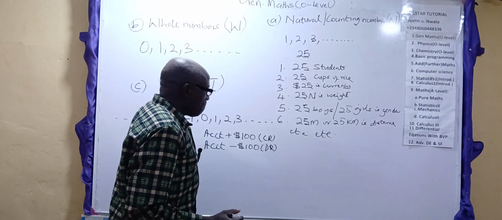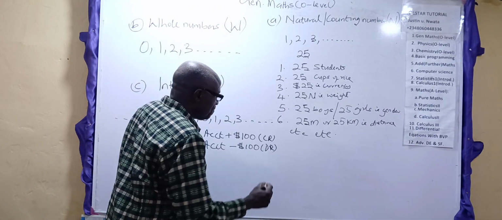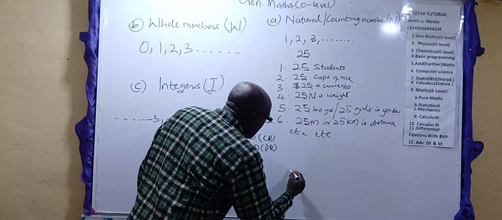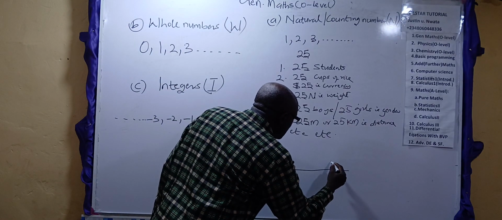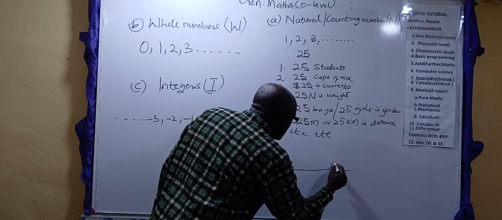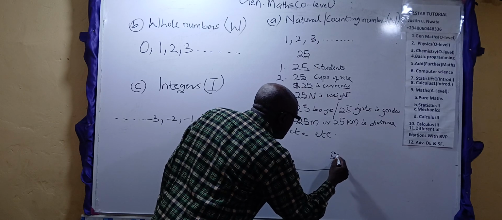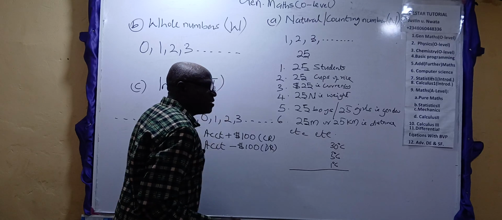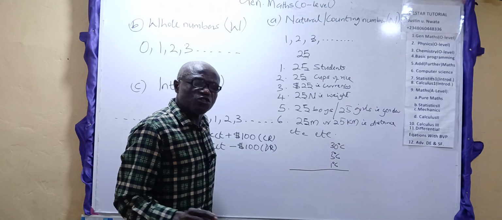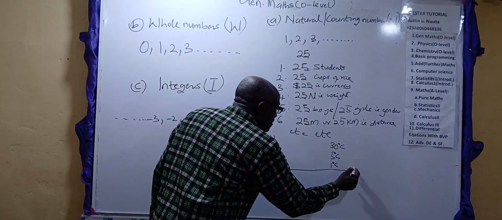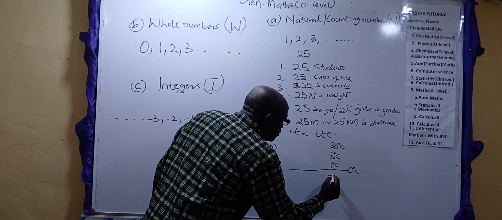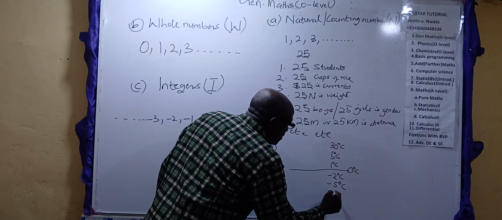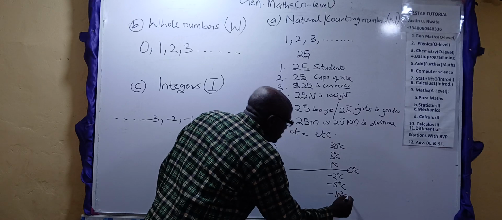Now, in some parts of this world, or with certain things, when you put them in the fridge, the temperature of something may rise 1 degree centigrade, 5 degrees centigrade, 30 degrees centigrade, and so on. But there are situations where temperature falls below 0 degrees centigrade. You get minus 2 degrees centigrade, minus 5 degrees centigrade, minus 10 degrees centigrade.